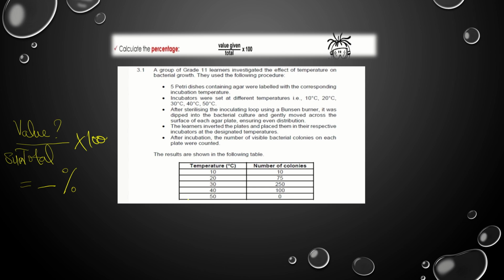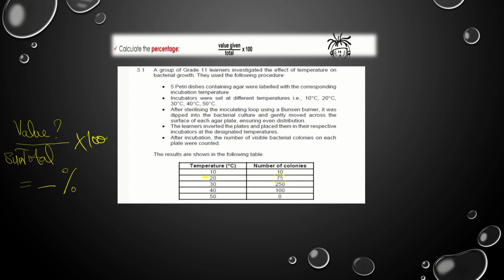So now let's check our data. Let's take the question: what is the percentage of the number of colonies at 20 degrees Celsius? Now, we want to know those colonies out of the total.